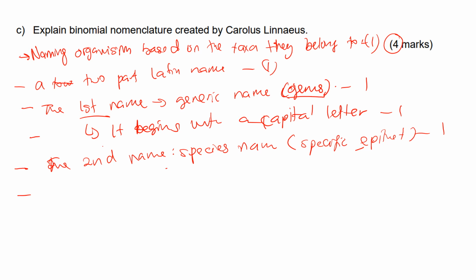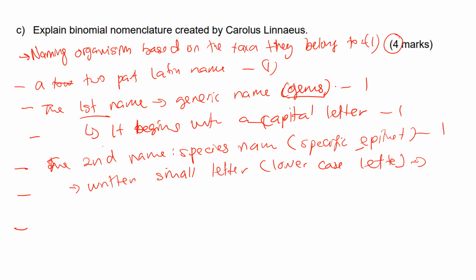In order to write the species name or specific epithet, it must be written in small letters, or lowercase letters. Another mark that you could gain is explaining how the name should be written.